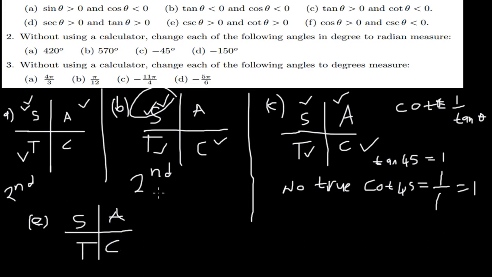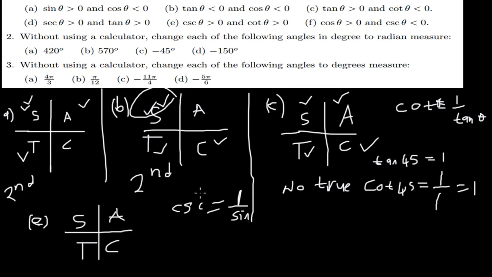So the quadrants where cosec theta is greater than 0 are just the same quadrants where sine is greater than 0, because we know that cosec is just the same as 1 over sine theta.